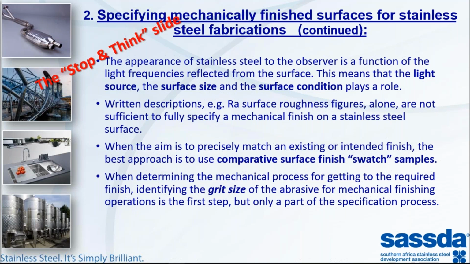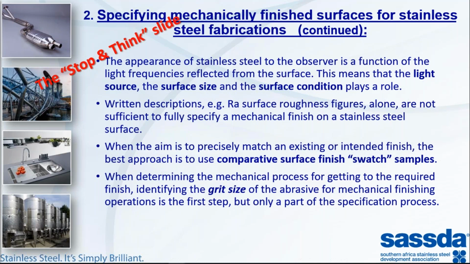You will give it your best effort that you know that you can repeat in your fabrication setup. And then you will get the approval from your customer. Once that approval is there, either side can have a sample of this finish that they use in the quality departments. It saves a lot of headaches.